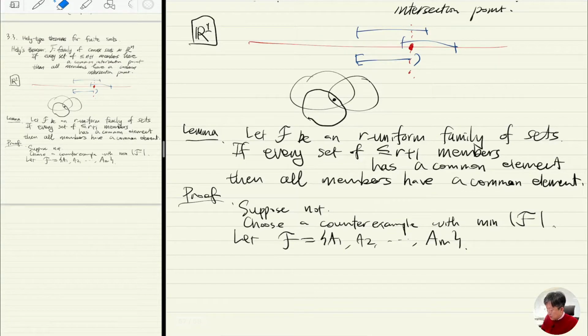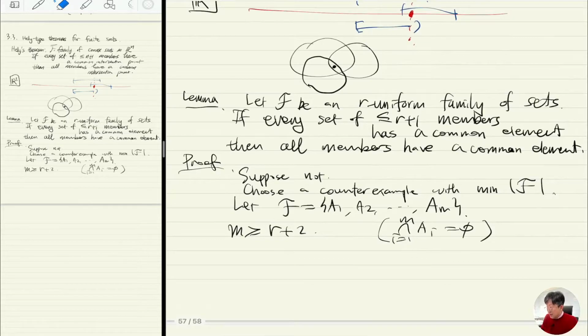Now, trivially, m has to be at least r plus 2. Why? Because if m is at most r plus 1, then by the condition given by the lemma, this condition already says that all of them have a common intersection. So we know that the intersection is empty. This is given, right?